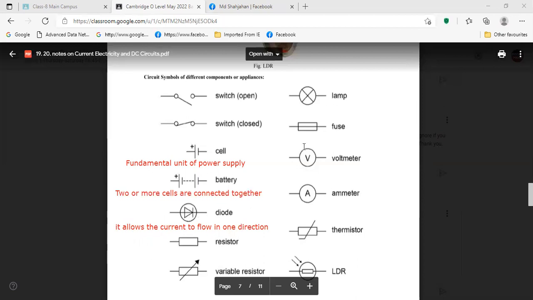Okay, fuse. This device protects the circuit or part of the circuit from overflow of current.